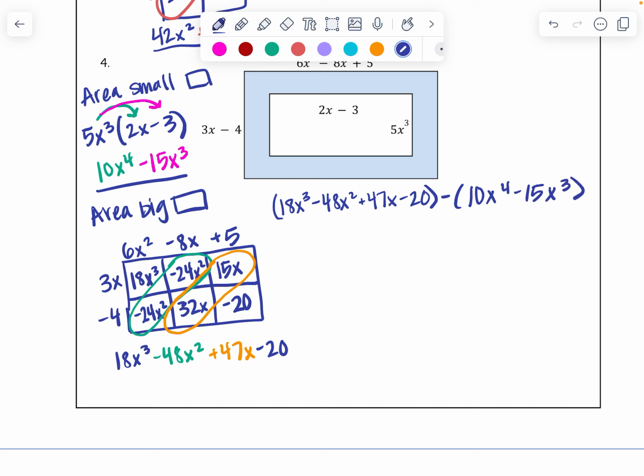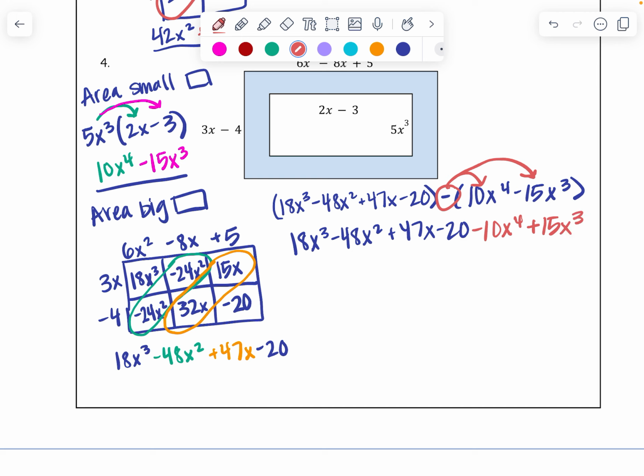So to subtract, again, the first polynomial stays the same. Second polynomial, we change the sign of each term. So this becomes negative 10x to the power of 4 plus 15x cubed.